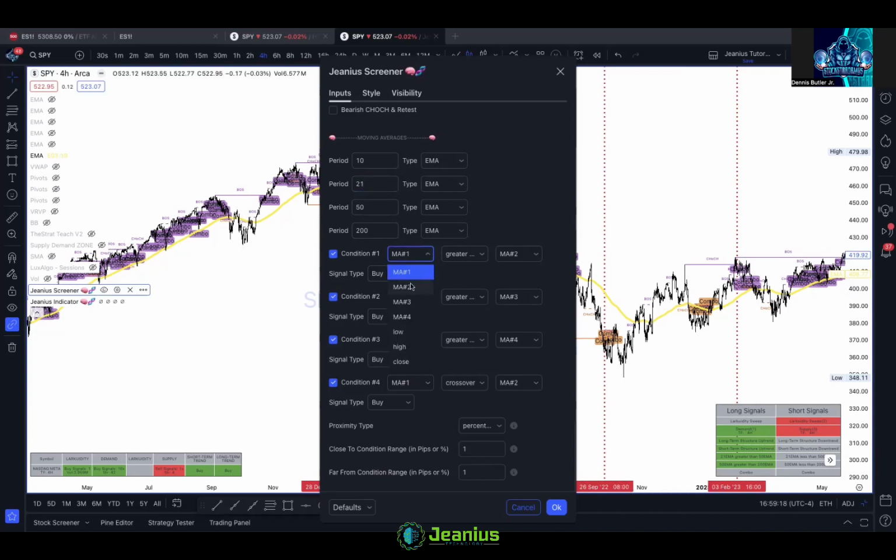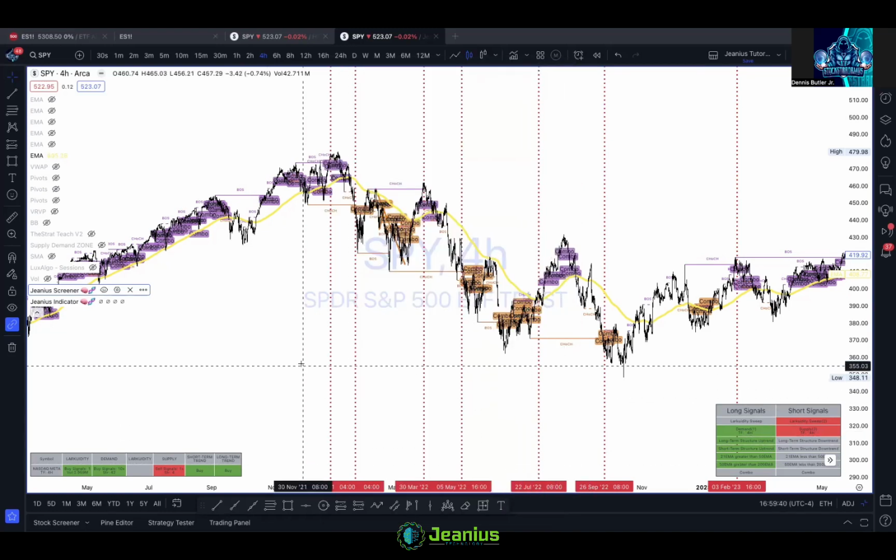So 2 over 3. And 3 over 4. Or 3 less than 4. So these are your death crosses and golden crosses that you've now also added in.